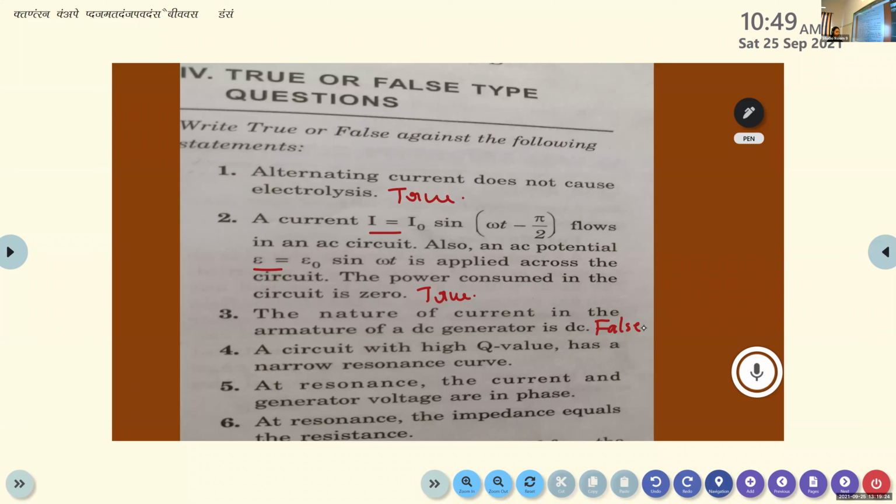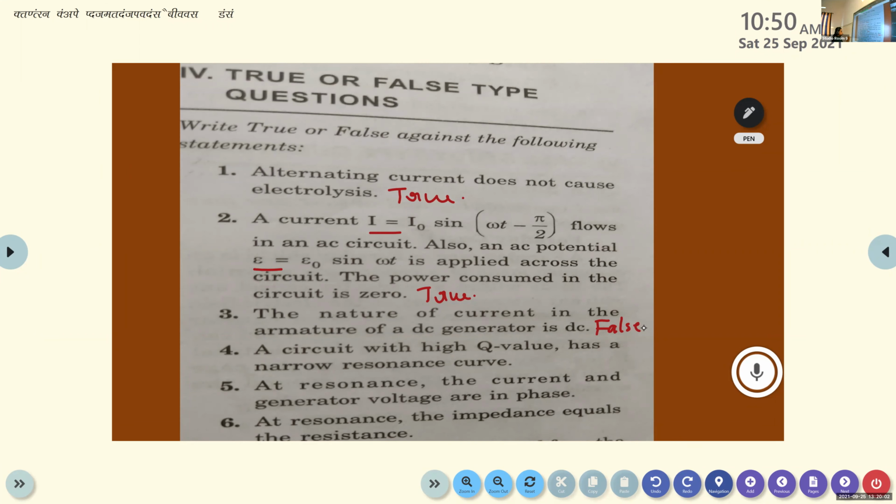Now the fourth question: a circuit with a high Q value, high quality factor, has a narrow resonance curve. Is it true or false? What is a narrow resonance curve?